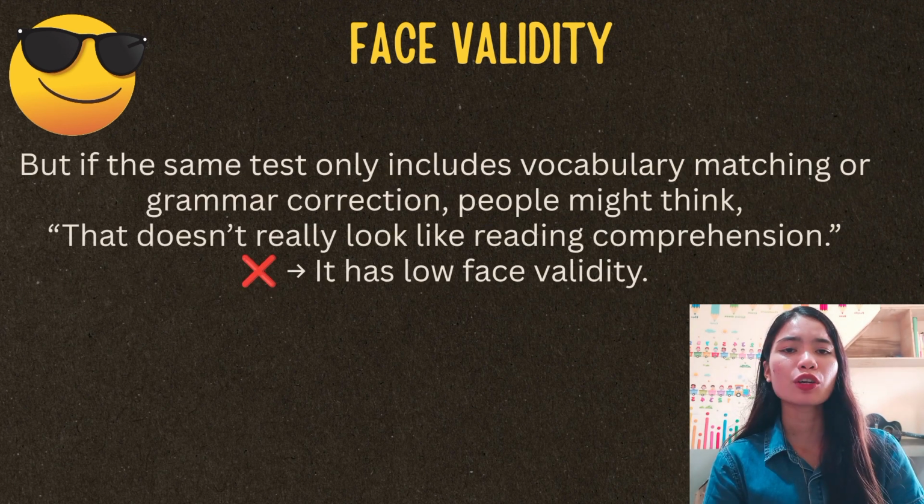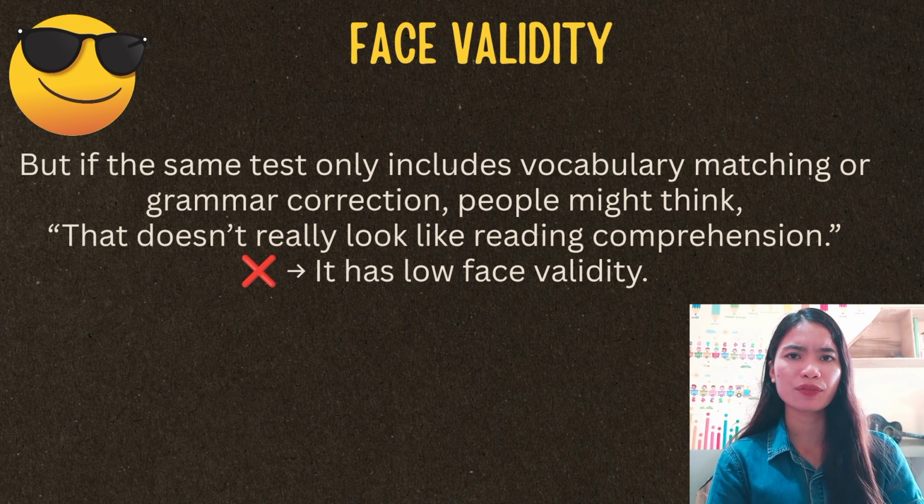Example, if a reading comprehension test only asks vocabulary definitions, it doesn't look like it measures comprehension, so it has low face validity. So why is face validity important even if it's not technical? Alright, very good. It helps ensure the test is believable and accepted by those who take it.